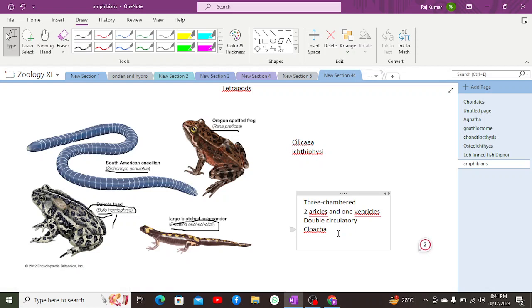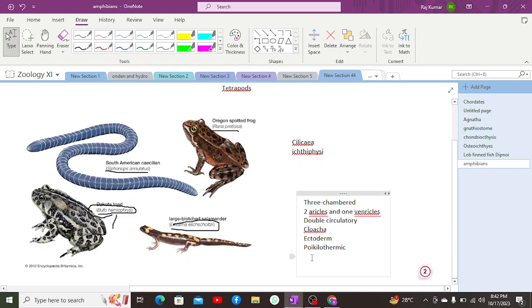Some other characteristics: these are cold-blooded animals, which means they regulate their body temperature according to the environmental temperature, due to which they are also known as poikilothermic or ectothermic.